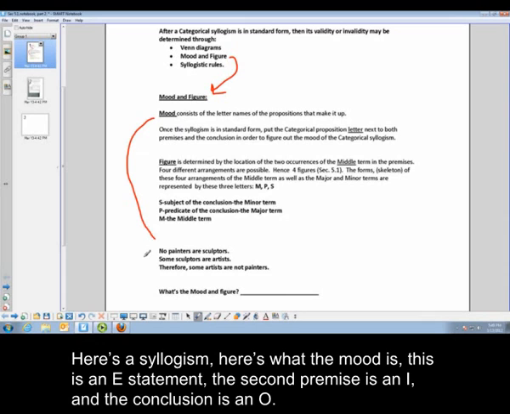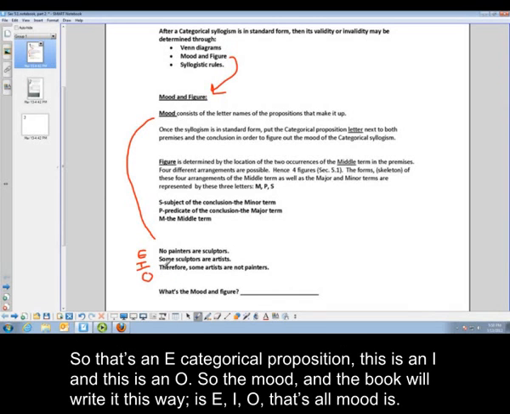This is an E statement, right? E. The second premise is an I, correct? Yes. And the conclusion is an O, right? So that's an E categorical proposition, this is an I, and this is an O. So the mood, and the book will write it this way, is E-I-O. That's all mood is.